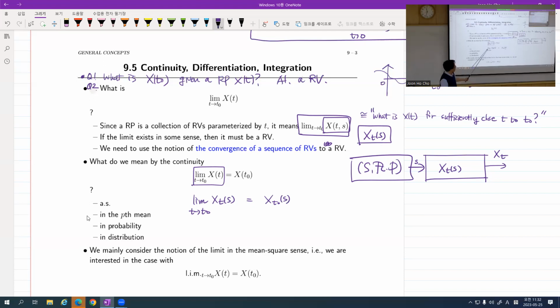However, here on the left-hand side, you don't have just a single function. You have uncountably infinitely many functions, because the path t tends to t0 is not unique. There are uncountably many ways to approach t0 on this one-dimensional t line.